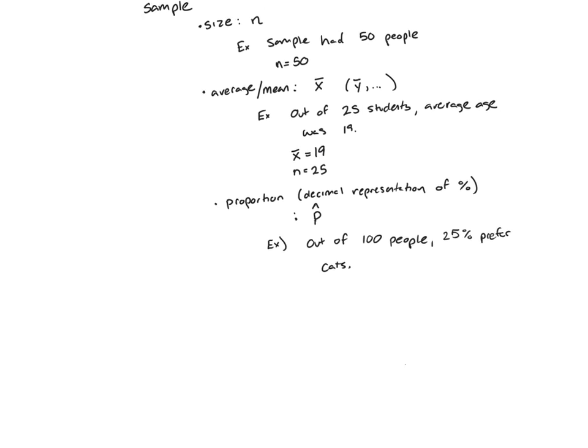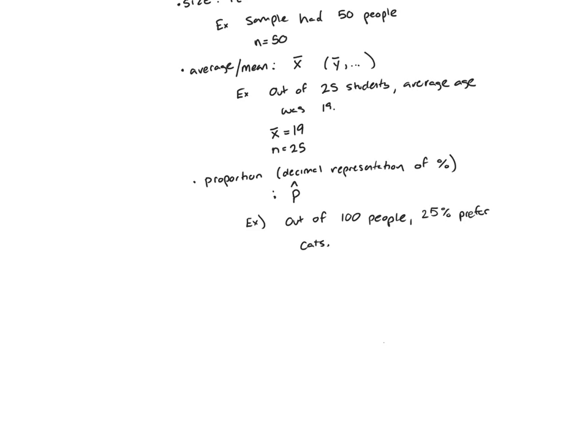In this case, we can see that we have a sample size, that is n equals 100, and we also have a proportion, so we'll use p hat to represent that. In this case, p hat, the percentage of our sample, is 25%, so the decimal representation of that is 0.25. And in case you've forgotten how to convert a percentage to a decimal, we just divide it by 100. So 25 divided by 100 is 0.25.